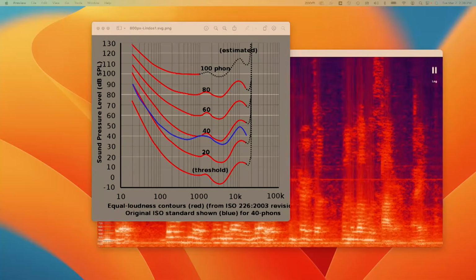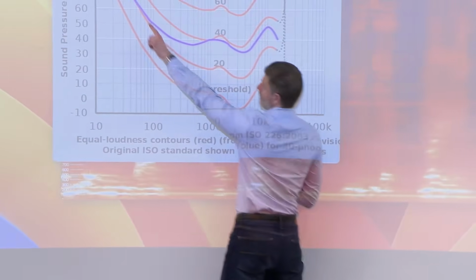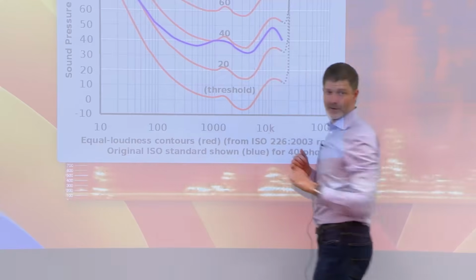What this means in practice has a lot of relevance for mixing music. A recording is not going to sound the same when you play it at a low level compared to a high level. At a very low level, the mids are going to be dominant, because in order to make a low or high frequency equally loud, you've got to increase the level a fair bit.